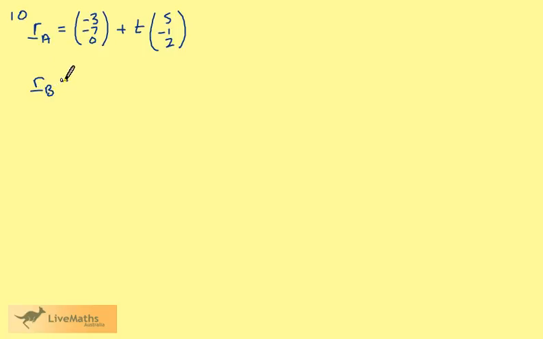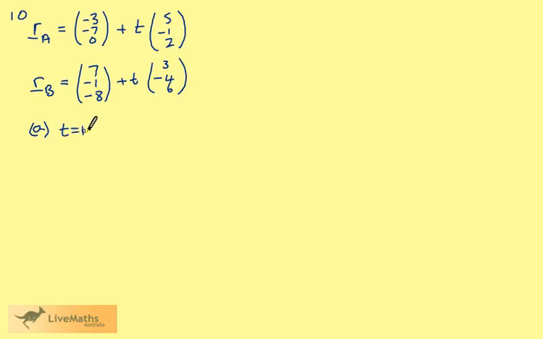Doing the same for B, it starts at (7, -1, -8) and has a velocity vector of (3, -4, 6). In part A, we want the distance between these two planes after 1 second of flight.